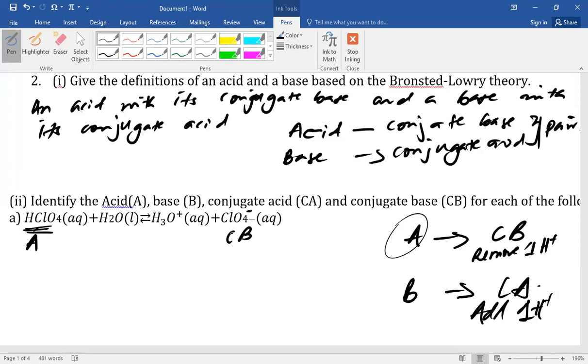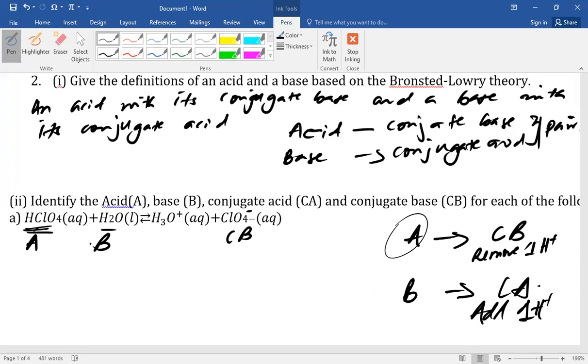And since this is an acid, this one is going to be a base. So on the reactant side, we are going to have acids and bases, but on the product side, these are conjugate acids and conjugate bases.